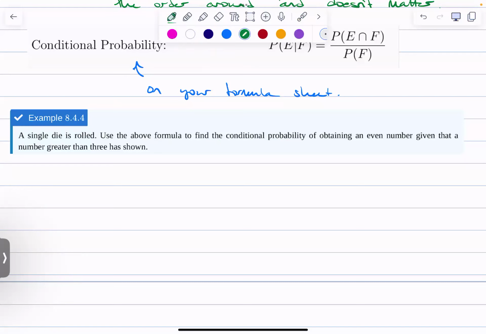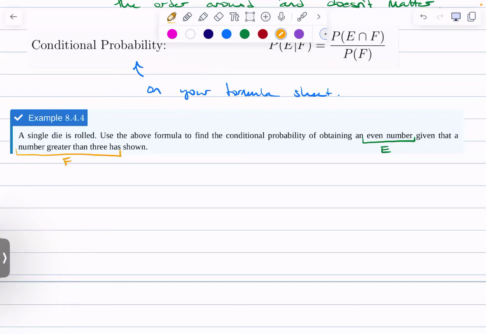What we want to do is, let's call this an even number E, and for simplicity, a number greater than 3 can be F, because that's the given information.